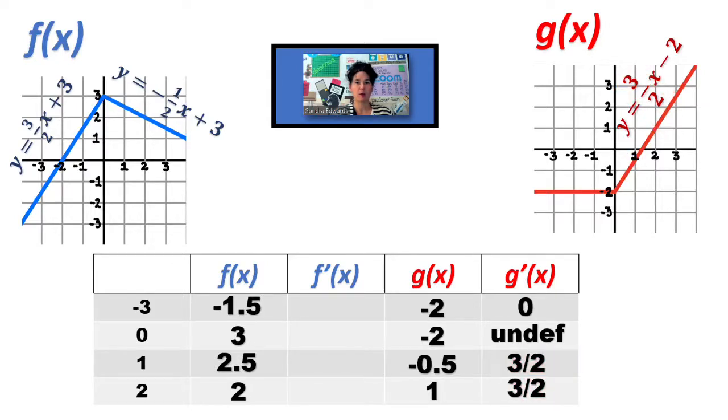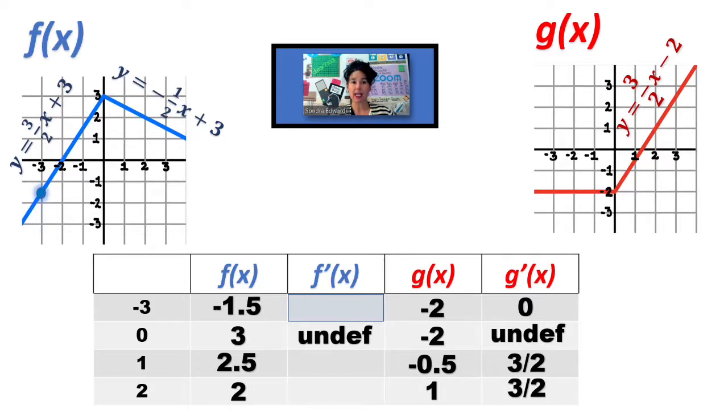All right, then let's come over here to f, and let's find f prime evaluated at 0. Well, f prime at 0, notice we're at a cusp. So the slope of the tangent does not exist there. The derivative of f at 0 is undefined. Okay, then let's evaluate the derivative of f at -3.